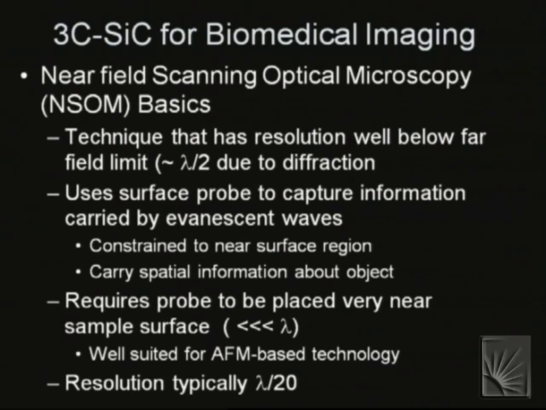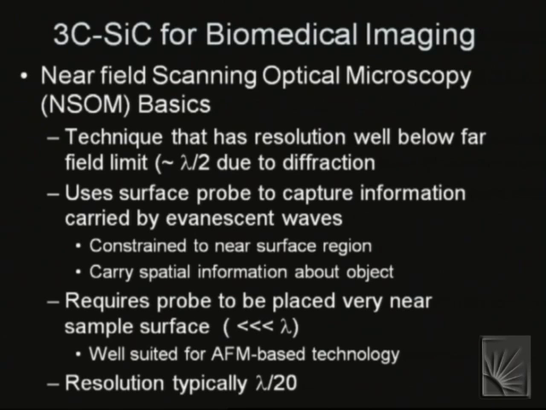Typically speaking, your microscope's resolution will be limited to about λ/2 because microscopes work in the far field and diffraction ultimately takes hold, so information is lost. But if your probe, gathering the signature coming from the sample, can be put very close to the surface, like that in an AFM, one can capture that data back, and it's been demonstrated in a number of systems that the resolution is then improved to λ/20.